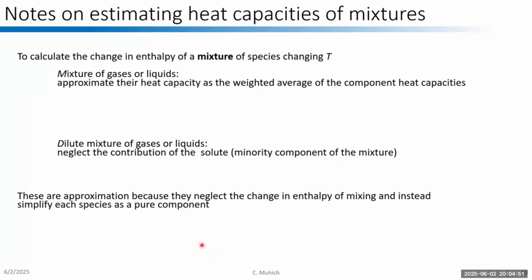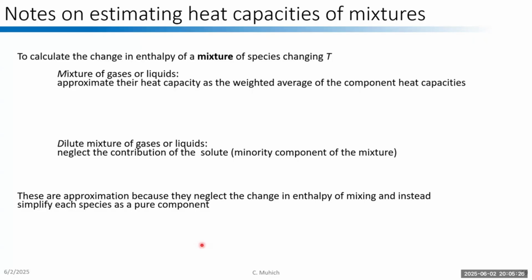If I have a mixture of liquids or gases, we need a way to combine the effects of both. In general, we approximate the mixture of gases or liquids as a weighted average of the components. So we just take the mole fraction times the molar heat capacity, or the weight fraction times the specific heat capacity.